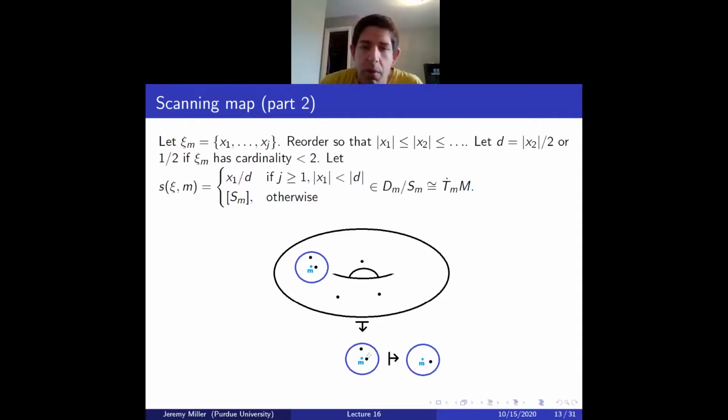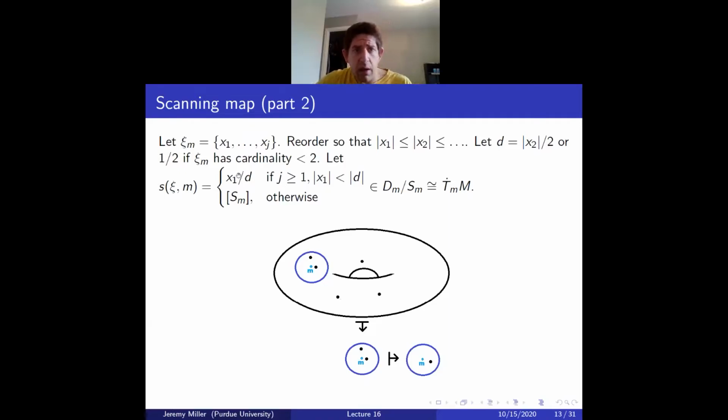Well, let's reorder the points in order of length by distance to the origin, and we'll let D be 1/2 the distance from the second closest point to the origin. And we'll define this to be 1/2 if there isn't a second closest point. So if there's 1 or 0 points, there's no x_2, and we'll just define this number to be 1/2.